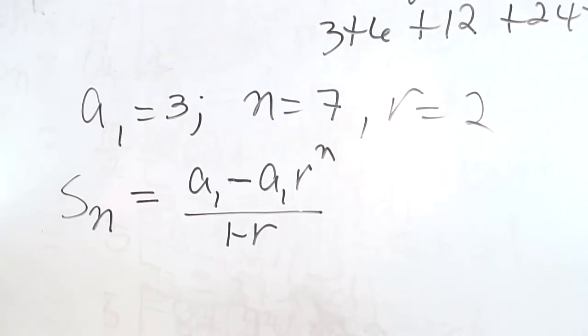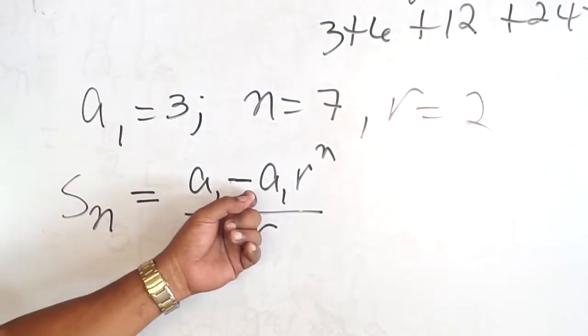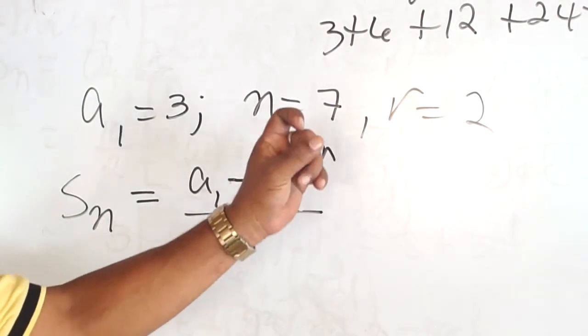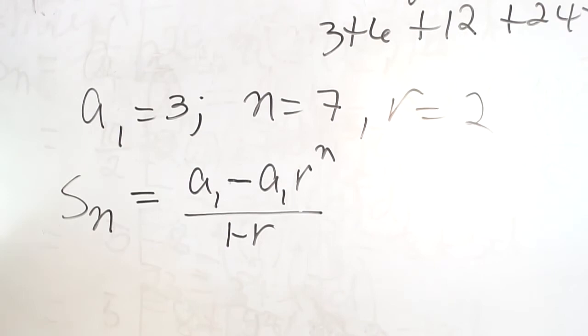Okay, the formula in solving the sum of the geometric series is S subscript n equals a subscript 1 minus a subscript 1, multiply it by the constant ratio, raise the power of n, over 1 minus r.